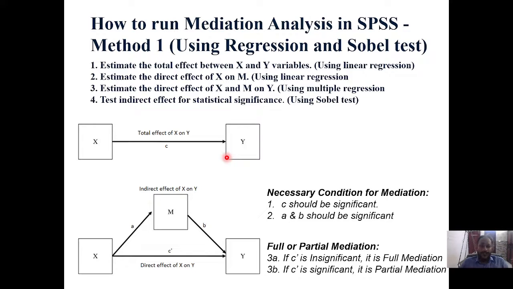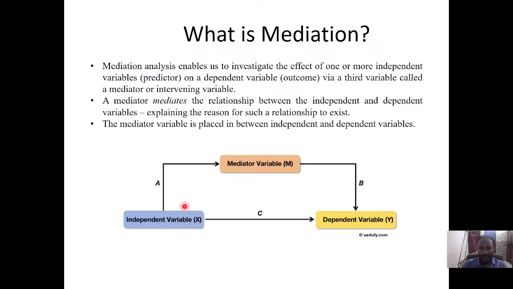So basically, you need to identify three effects: total effect, indirect effect, and direct effect. Total effect signifies the kind of effect that the independent variable has on the dependent variable. So basically, you have to run a linear regression. When you draw the mediator like this, both are the same.